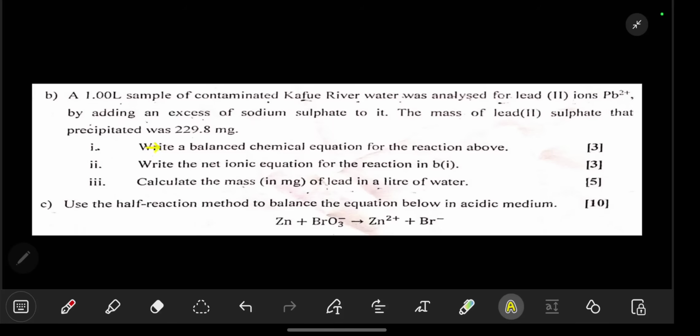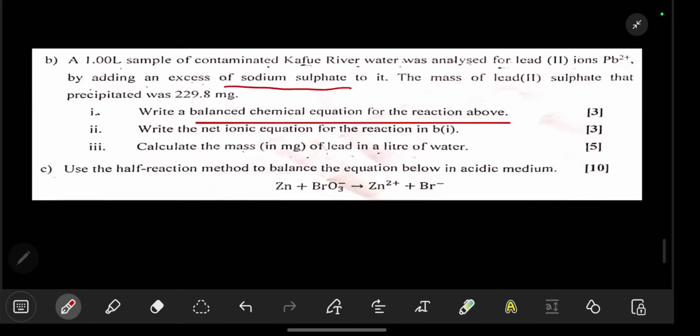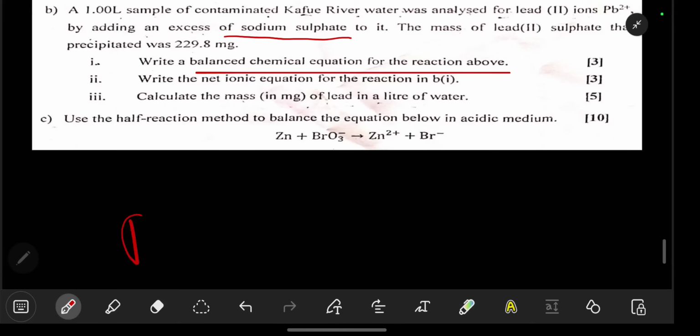So the first thing, a 1 liter sample of contaminated Kafua River water was analyzed for lead 2 ions by adding an excess of sodium sulfate to it. Write a balanced chemical equation for the reaction. Here you need to be very, very careful. We have lead ion, it exists as an ion.